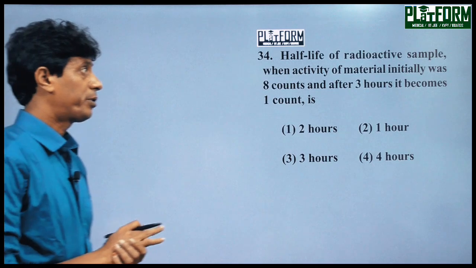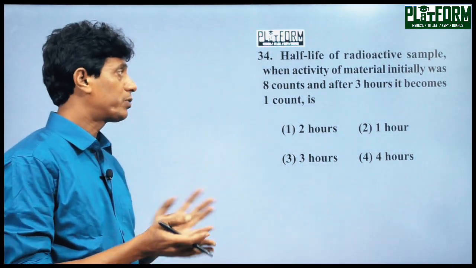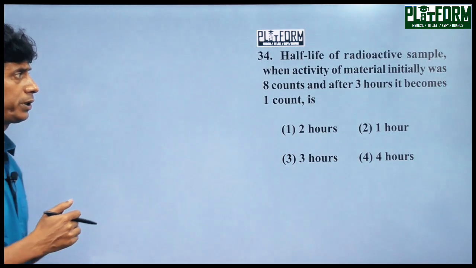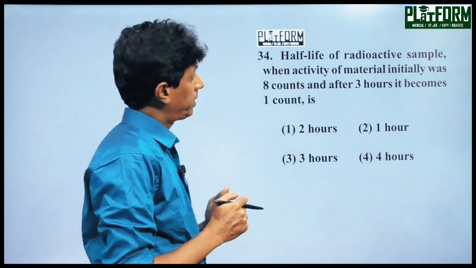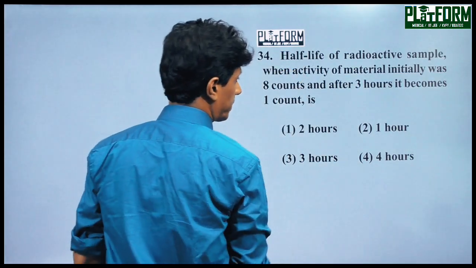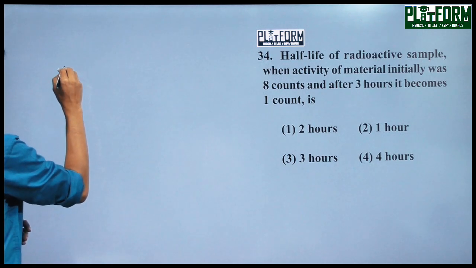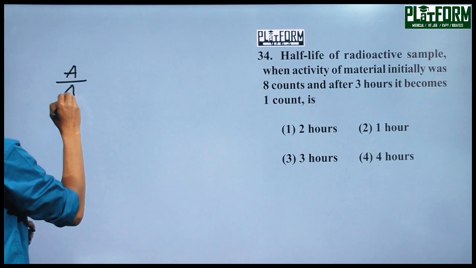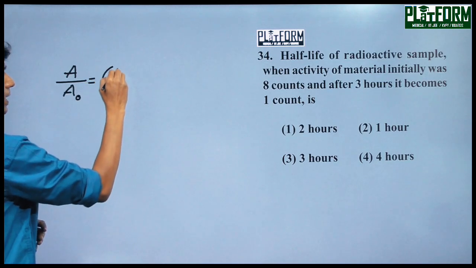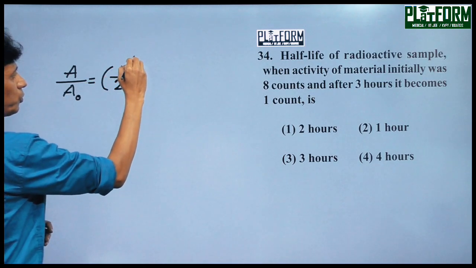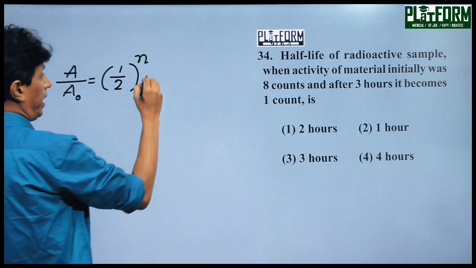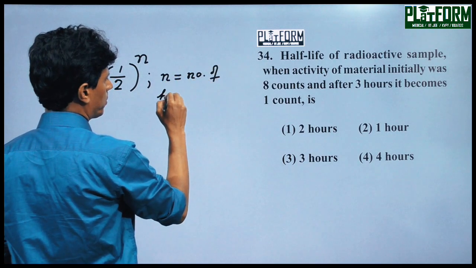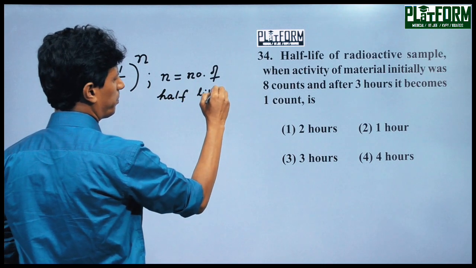Question number 34. Half-life of radioactive sample when activity of material initially was 8 counts and after 3 years it becomes 1 count is. So we have to find out how many half-lives are involved here. We know in the formula for activity A and initial activity A naught, this can be written as A by A naught equal to half to the power n, and n is the number of half-lives.